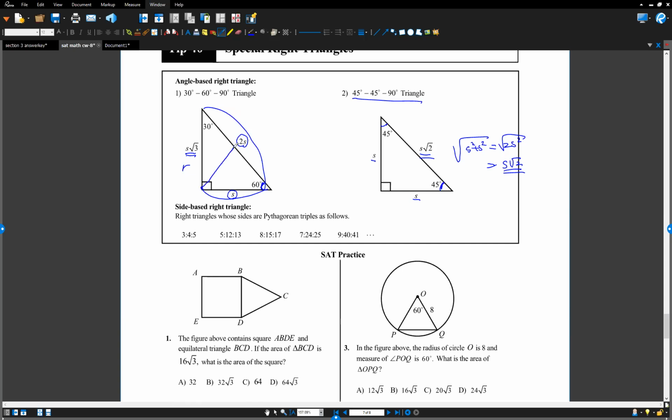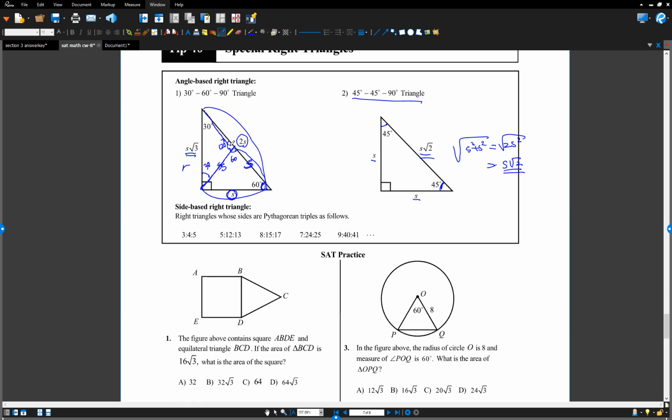Maybe you can divide this triangle into two special triangles. One is an equilateral triangle. If this side is s, this is also s, this is also s. In an equilateral triangle, each angle is 60 degrees, so this is 120. If this is 120, the other angles are 30 degrees.